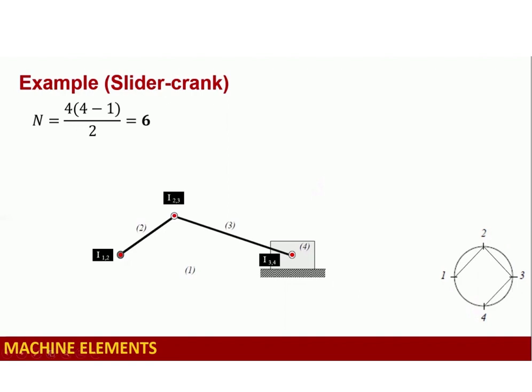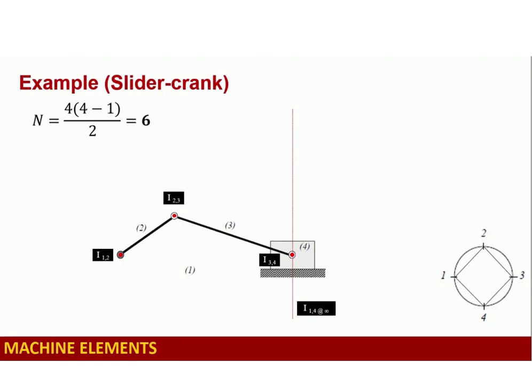And then take note that your slider is sliding along the horizontal, and thus your sliding is actually considered as an infinite rotation of the slider along the horizontal. And thus we have instantaneous center I14 at infinity. So thus we have connections between 1 and 4. So these are our instantaneous centers that we can locate by inspection.